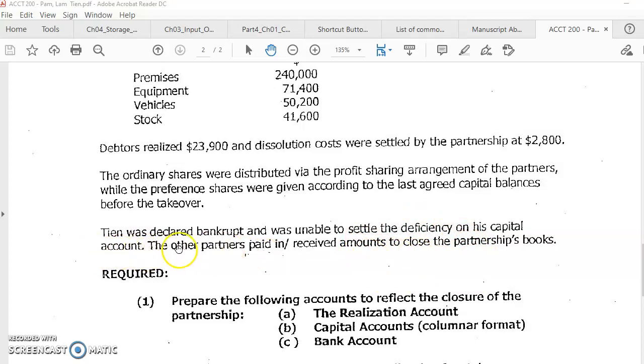And remember, we stated that when a partner is declared bankrupt or insolvent and cannot pay off their debt, we apply the Garner versus Murray rule of 1904 to take care of this debt that the partner cannot pay off.